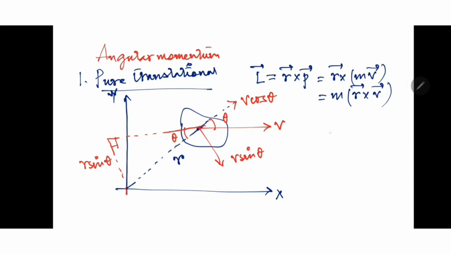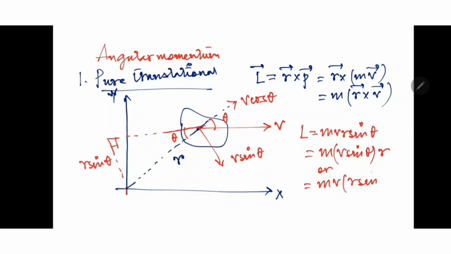So with respect to the origin, L equals m v r sin theta, or m into v sin theta into r, or m into v into r sin theta.